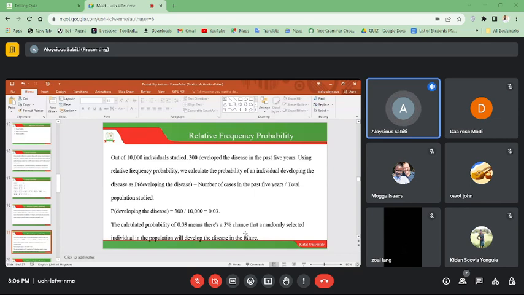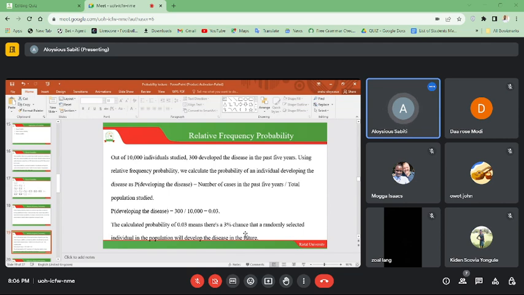So, for example, we are saying here that out of 10,000 individuals who were studied, 300 of them developed the disease in the past 5 years. So using relative frequency probability, we shall calculate the probability of an individual developing the disease. If out of 10,000 individuals, 300 people developed a particular disease, what is the probability that an individual will develop the disease?